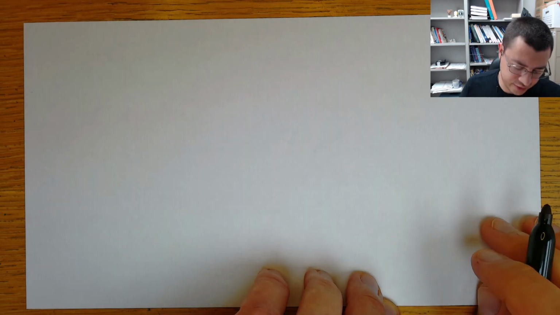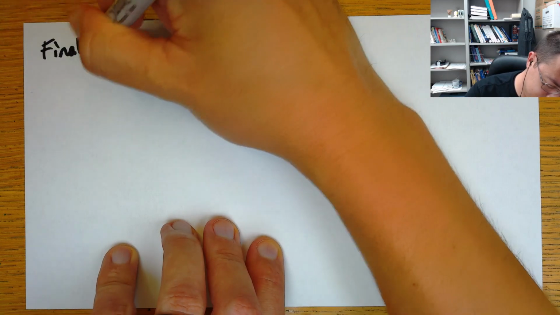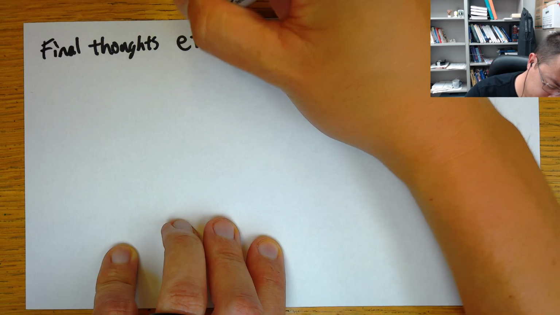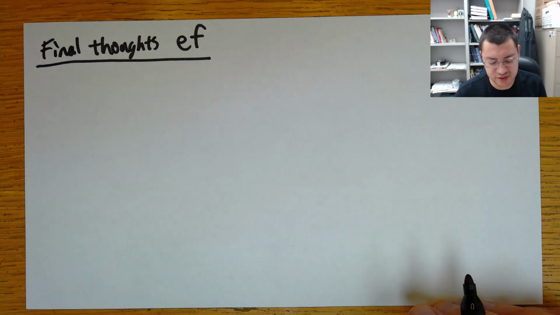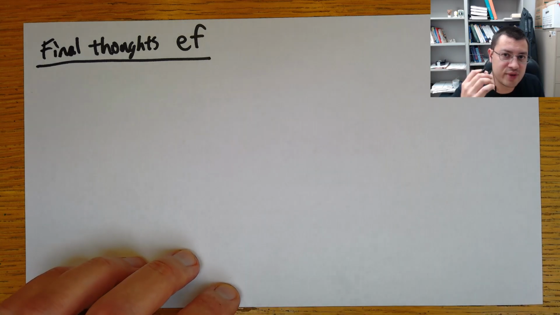Conclusion? I don't know if there's really a conclusion. More like a final thought. My final thoughts on empirical formulas, and this is me personally speaking as a teacher. We saw earlier that for the vitamin C problem, we had an empirical formula involving a 0.33.